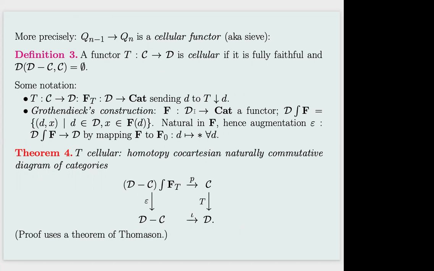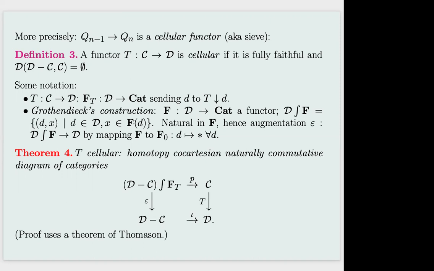If I have a functor F from a category D to Cat, then I can construct a new category, which is D integral F. I will just describe its objects. Objects are pairs of an object d of D and an object X of F(d). Morphisms are more or less obvious.